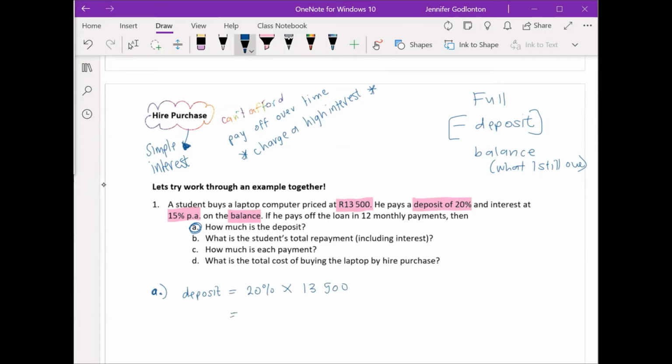And so you can just write it in your calculator like that: 20% times 13,500, which gives you a total of, and remember it's money, 2,700 Rand. Okay, so that is our deposit.